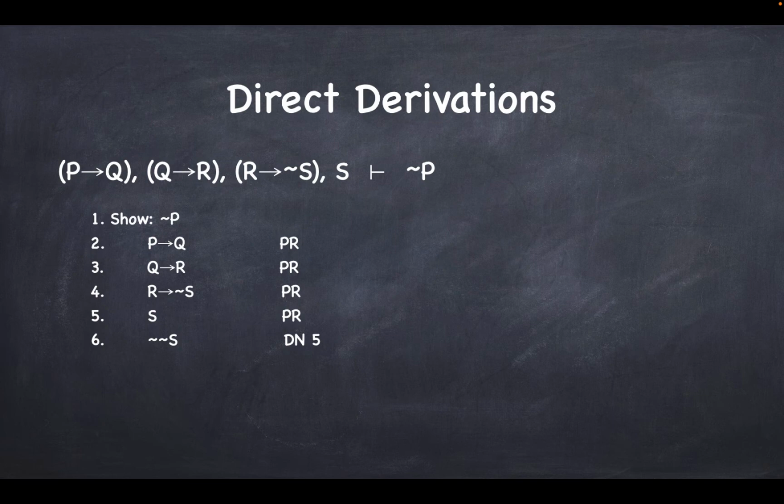And your goal is ultimately to reach not P by relying on the premises and your rules of inference. If you have assumed those premises, you then rely on them and use your valid inference rules and arrive at the conclusion, then what you've done is you've proven that that conclusion validly follows from those premises.